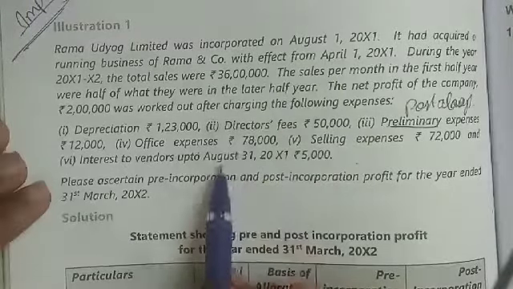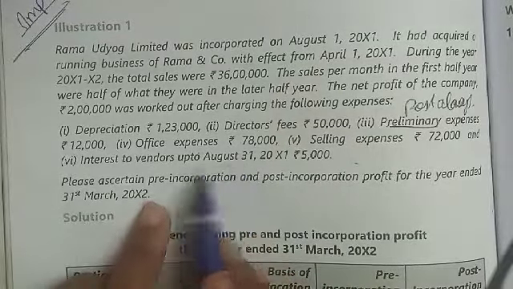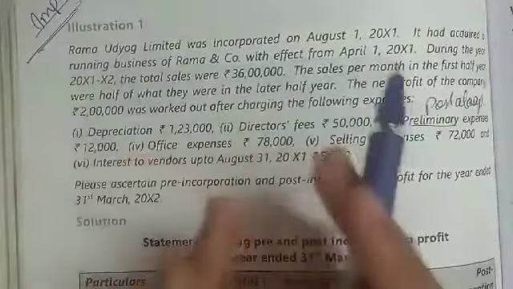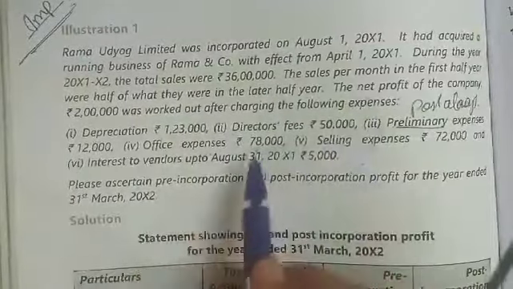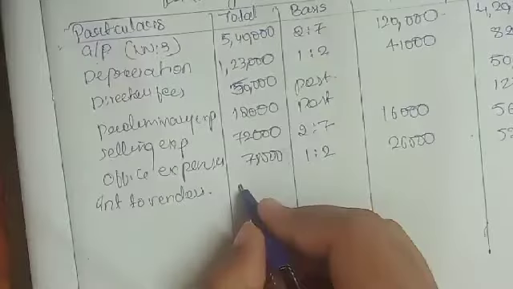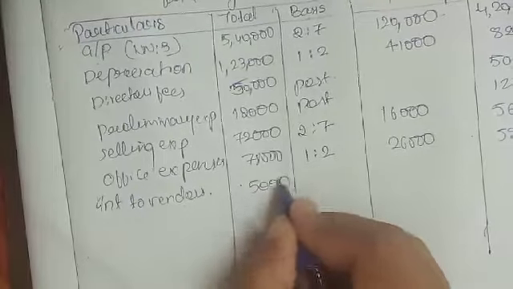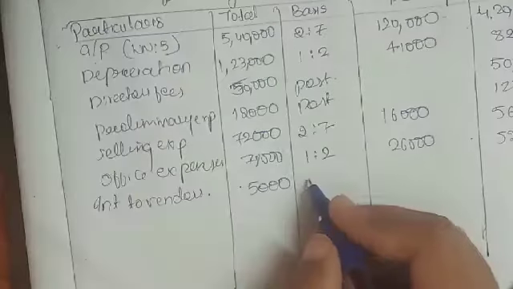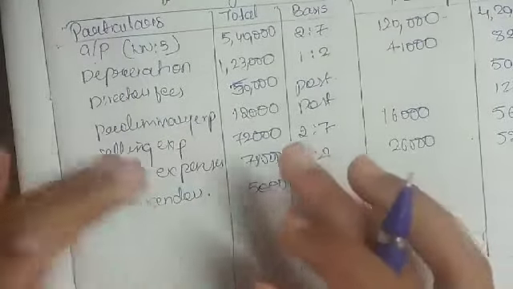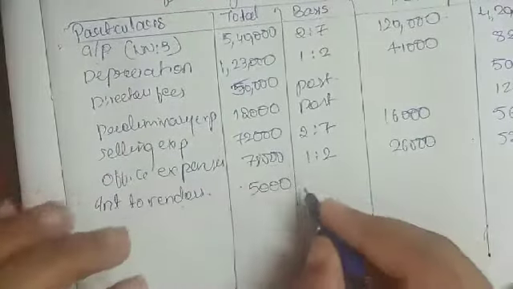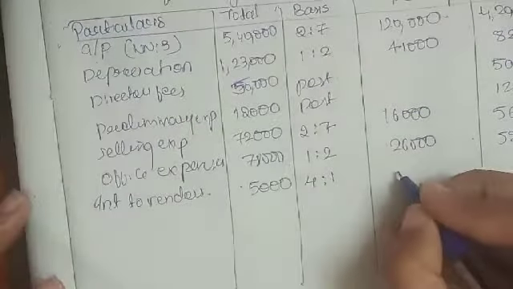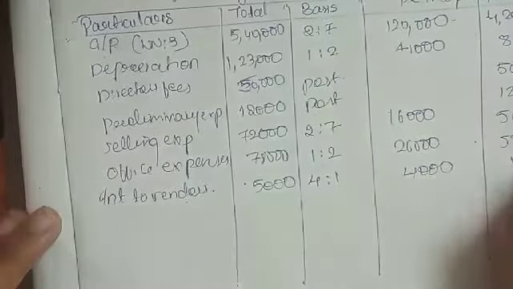From April to August, we have a total of 5 months. Of these, 4 months are pre-incorporation and the remaining month is post-incorporation. The total amount is 5,000, so we get 4,000 and 1,000.